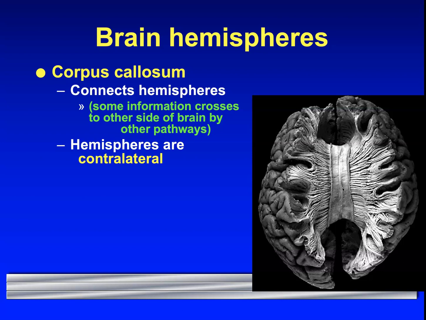It's not like chopping an axe through the entire brain. It's just severing some connections between the left and right hemisphere. There is still some information that can pass from left to right. And our hemispheres are contralateral. So the left hemisphere largely controls the right side of the body, and vice versa.